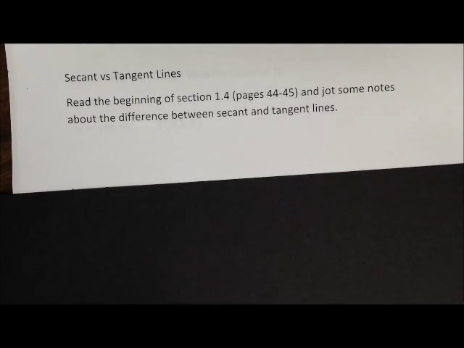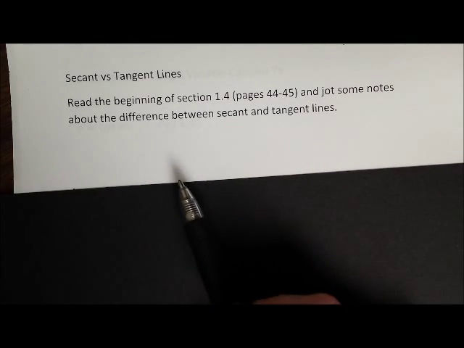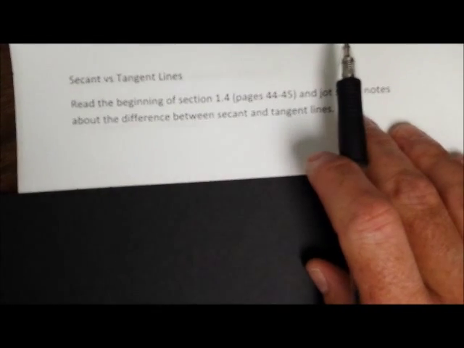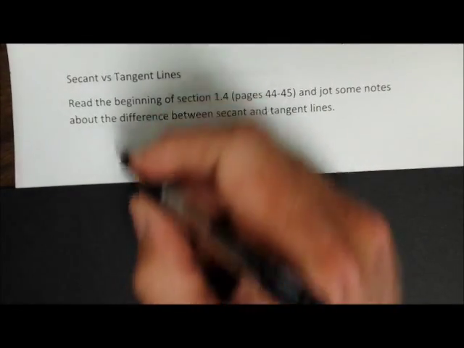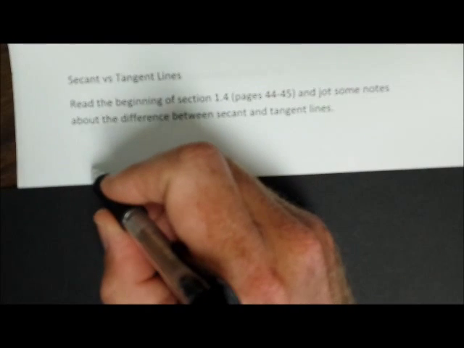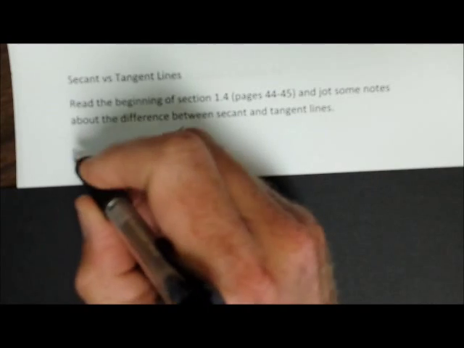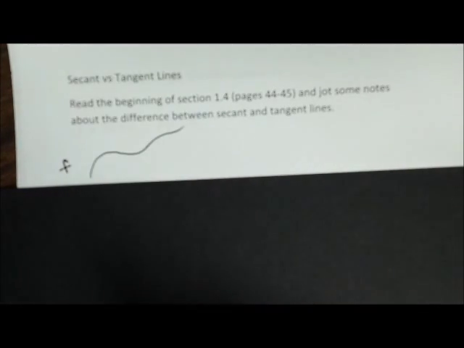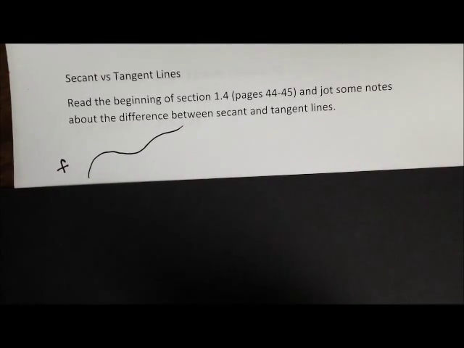Actually, before we take a look at the two examples, a quick definition of what a secant line is versus what a tangent line is. So with a secant line, I'm just going to draw a function right now. We'll call this one f. The word secant comes from, I think it means to cut or to cut through.